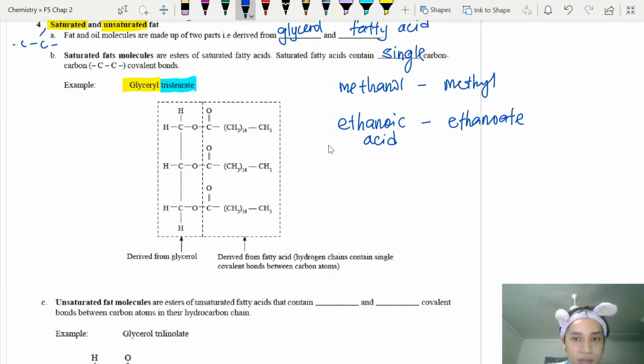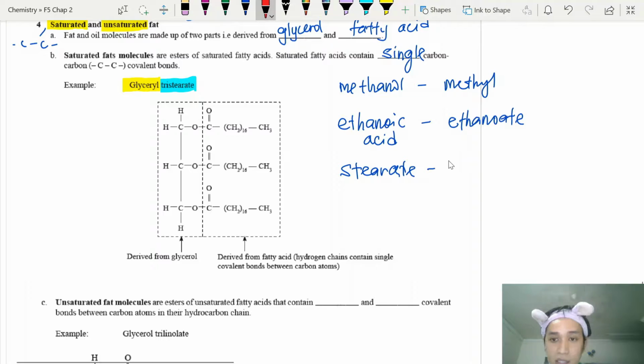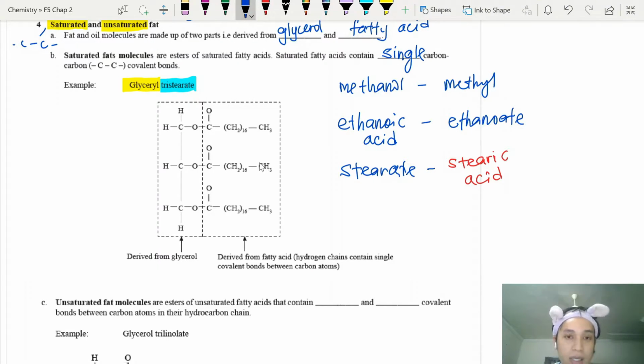Stearate means the name of the acid is stearic acid. This is the fatty acid. So remember how to change the names between the ester, the alcohol and the carboxylic acids. One molecule of glycerol reacts with three molecules of stearic acid. That's why you get the name glycerol tristearate.